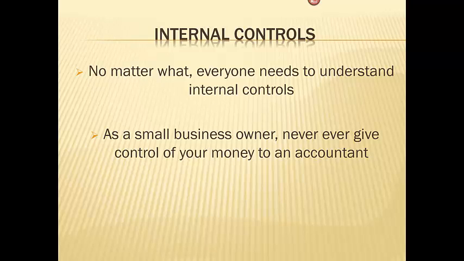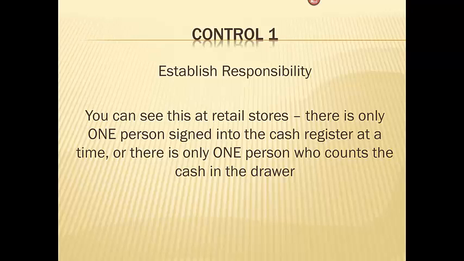However, every business owner should have some controls established around their financial statements, around their cash flow, things like that, to make sure that an accountant will not rob you blind. And with these 6 different types of internal controls, you can ensure or at least minimize any risk you may have. So let's go through these now.